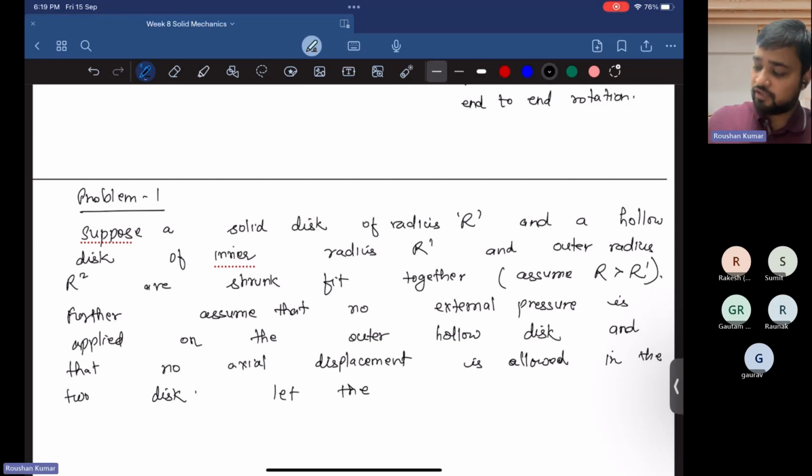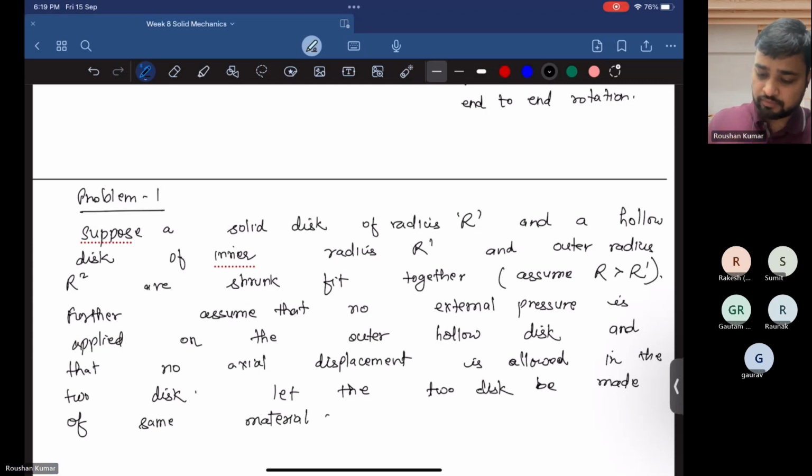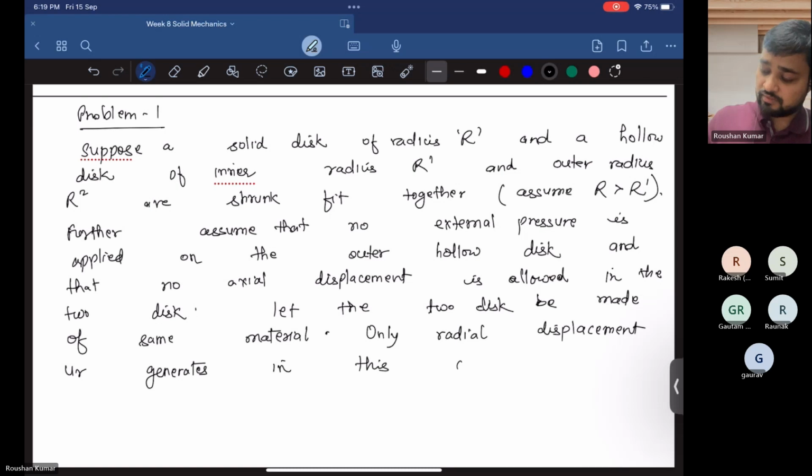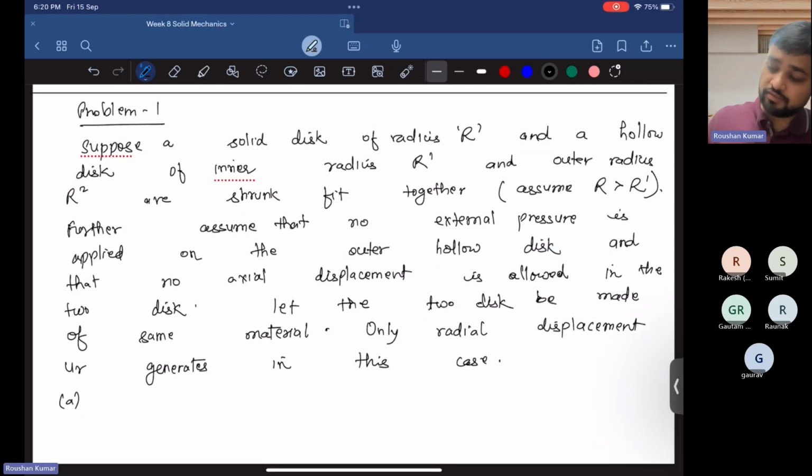Also, let the two disks be made of the same material. It is also mentioned in the question that only radial displacement UR generates in this case.